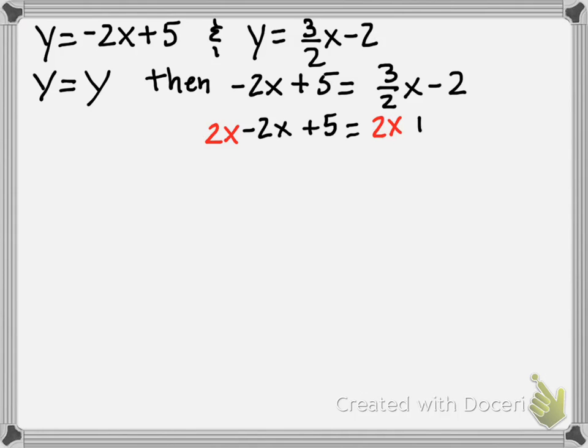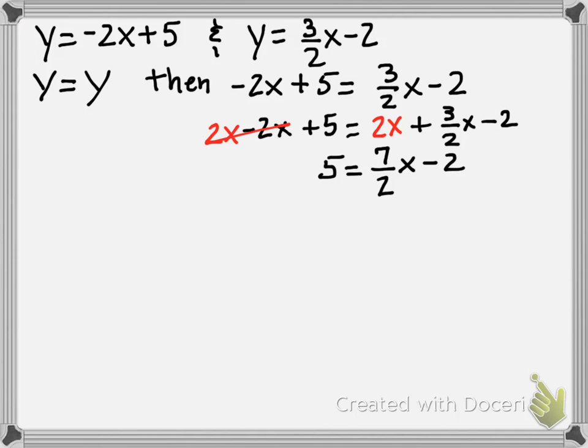As a result, we want to isolate x, and we add the additive inverse of negative 2x, which is 2x, on both sides. So we end up with 5 equals 7 over 2 x minus 2.